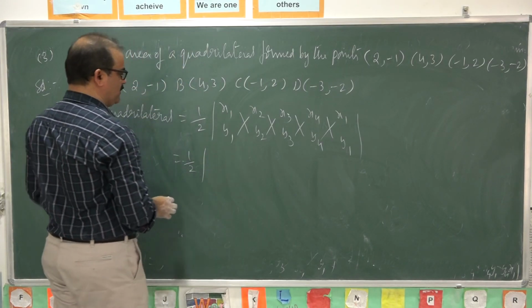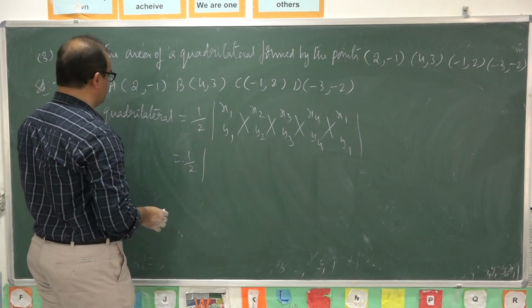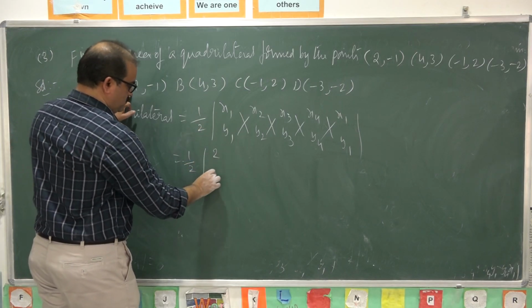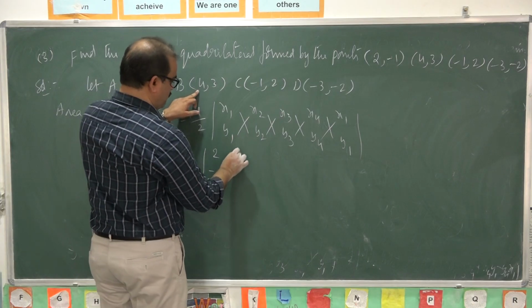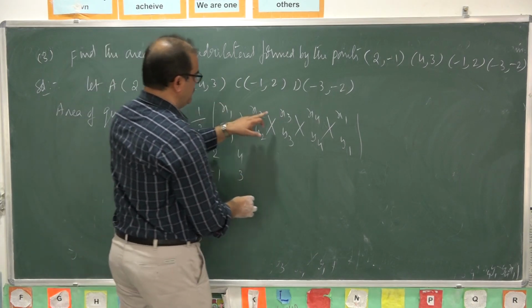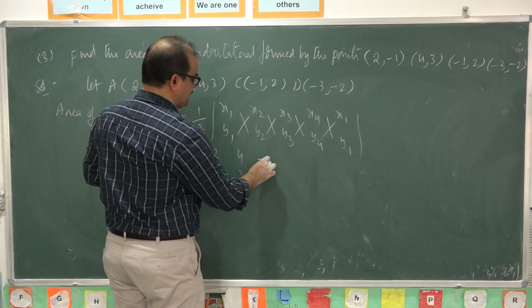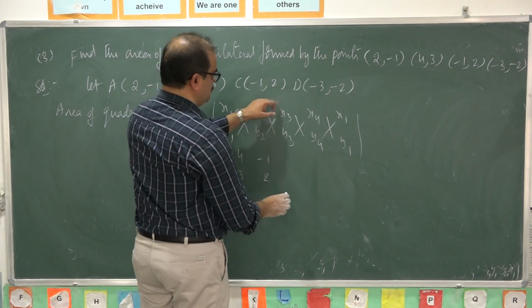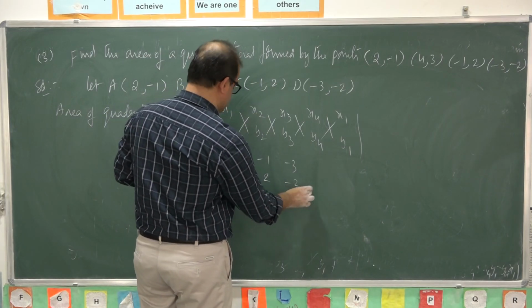Write the values of x1 y1 and x2 y2: 2, minus 1, 4, 3, x3 y3 minus 1, 2, minus 3, minus 2.